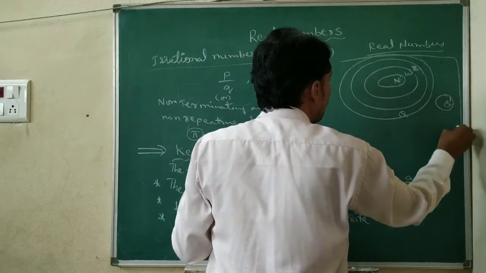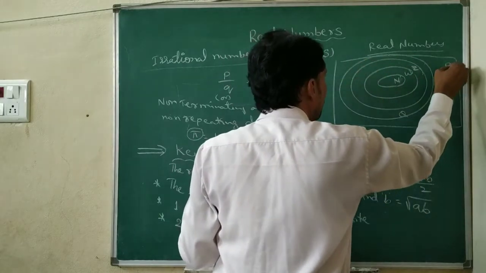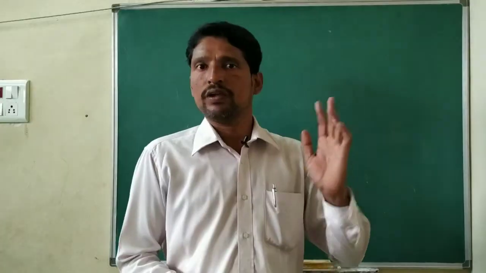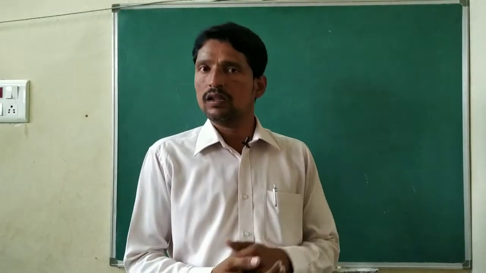The union of all these sets is called the real number set, which is denoted by capital R. All these are basic concepts of real numbers.